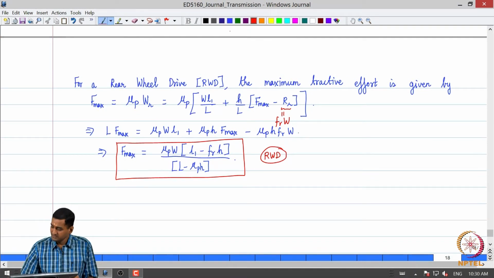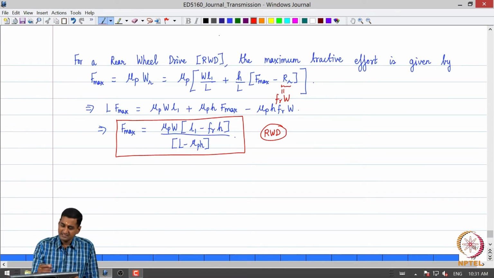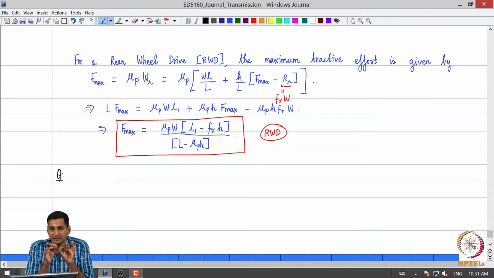Alright, so to continue, the next question that we are going to ask ourselves and answer is the following. Having looked at what are all the forces that act on the vehicle and what is the output delivered by the powertrain for a given prime mover torque and selected gear ratios, the question becomes, if we are given a set of vehicle performance requirements and a base prime mover, an engine, how do we select the gear ratios?